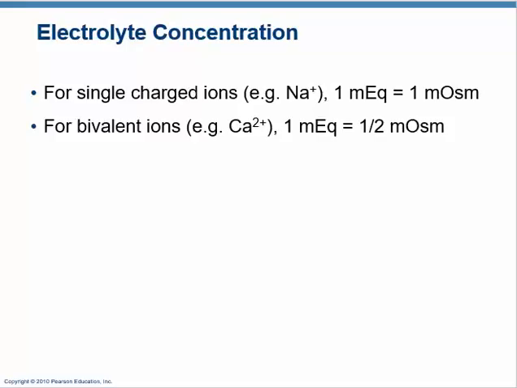So for a singly charged ion, like sodium, 1 milliequivalent is 1 milliosmol. So it causes the amount of osmolarity. If there's a double cation, like calcium, you get a half a milliosmol for 1 milliequivalent. Because the milliequivalent is the charge, and there's twice as much charge per molecule, that means there's half as many molecules, so it causes half the osmosis.